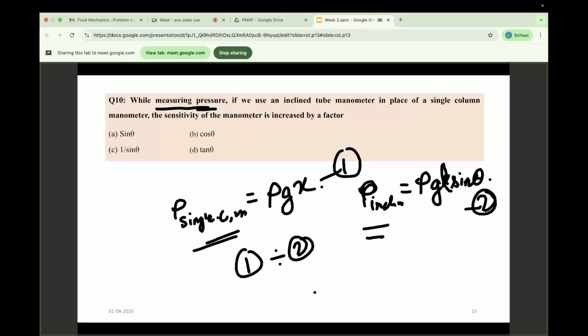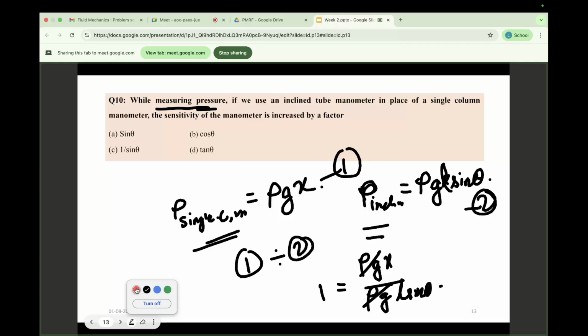So I get 1 equal to rho gx by rho gL sin theta. These two cancel out. So I get L by x equal to 1 by sin theta. Yes or no?